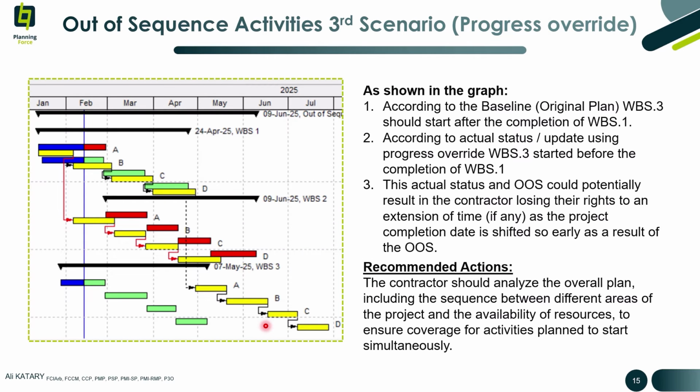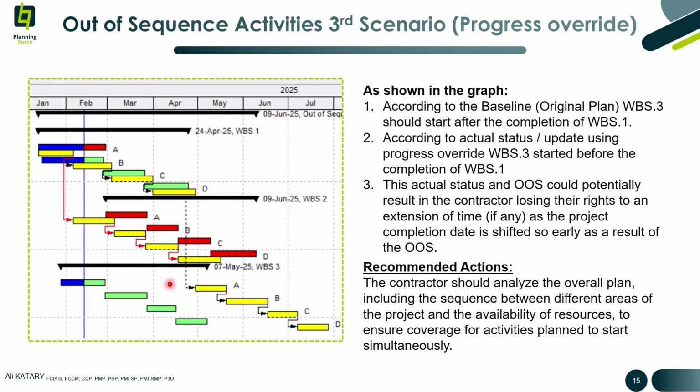The third scenario, we are using progress override in updates, and we have 3 areas in our project: WBS number 1 and WBS number 2, which will start after the completion of activity A in WBS number 1. However, WBS number 3 or area number 3 will start after the completion of all work included in WBS 1 or area number 1.